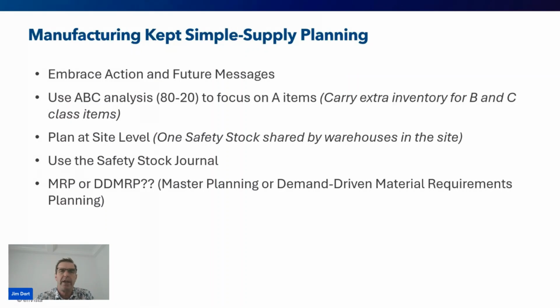I was working with a food manufacturing company that made sliced luncheon meats for major sandwich chains, and so a lot of the effort was obviously focused on making sure that the product supply was available for those lines because everything was such high volume.